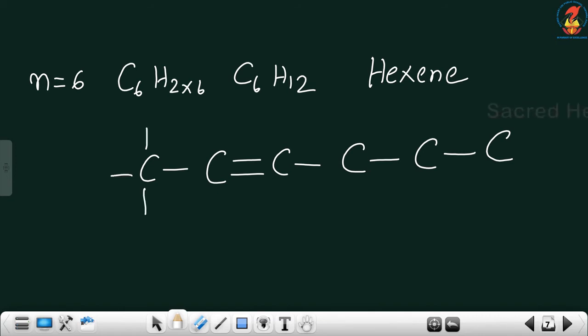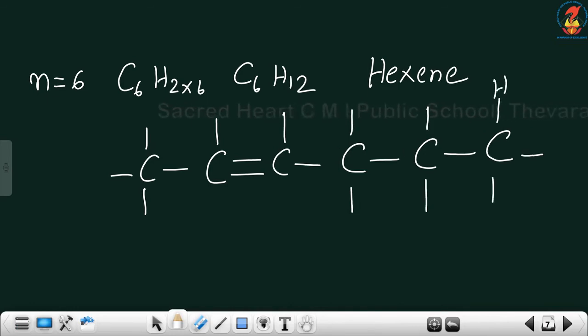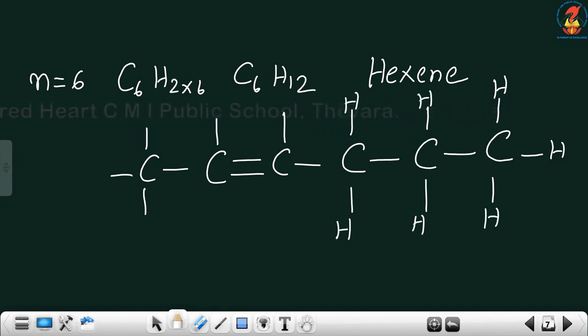So 3 free valencies. Second one, 3 valencies are occupied, only 1 free valency. Third one also only 1 free valency. Now mark hydrogens there on the free valencies. Okay, so this is the structural formula.